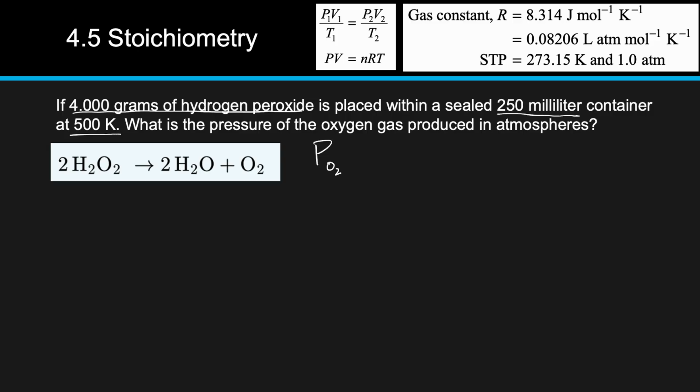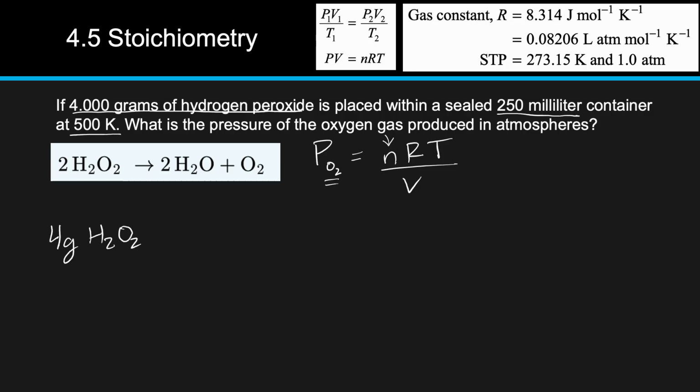So if I'm solving for pressure, I know I'm going to have nRT over V. But if I'm solving for pressure of oxygen gas, I need to make sure my moles is also of oxygen gas. And right now I'm given 4 grams of H2O2.